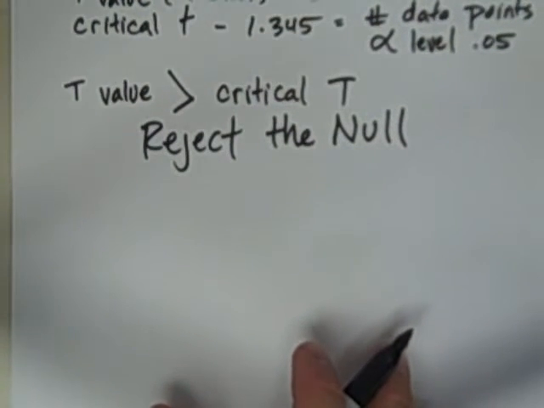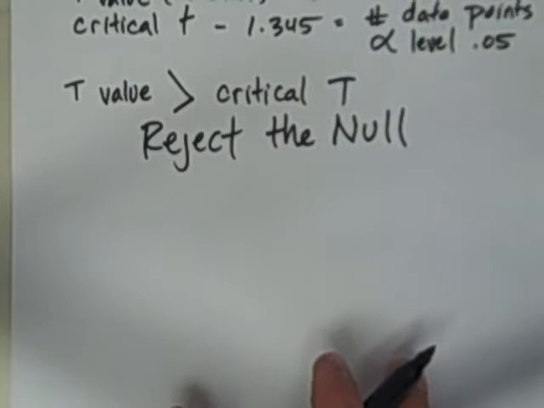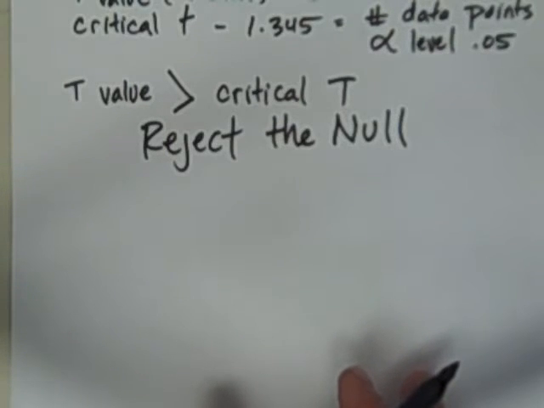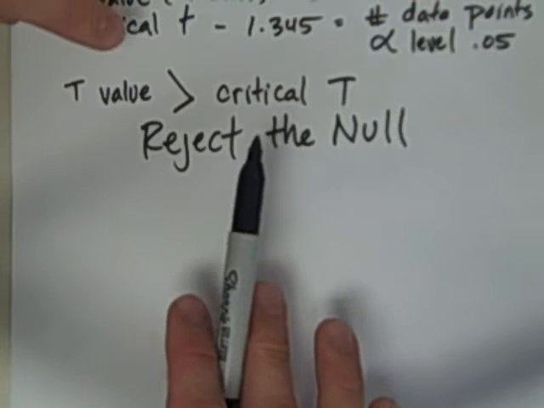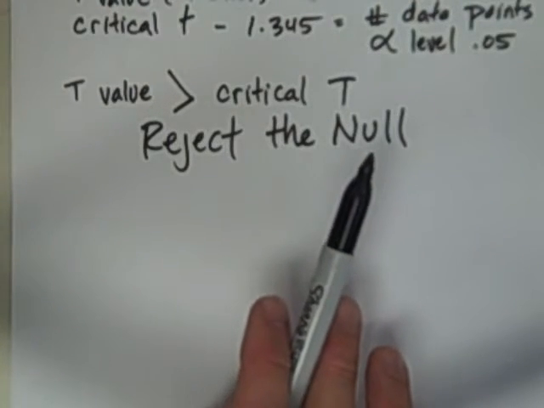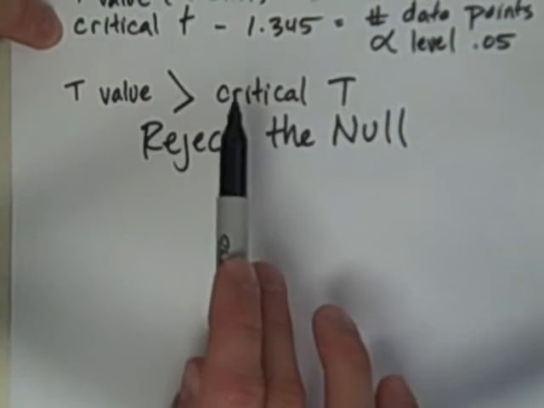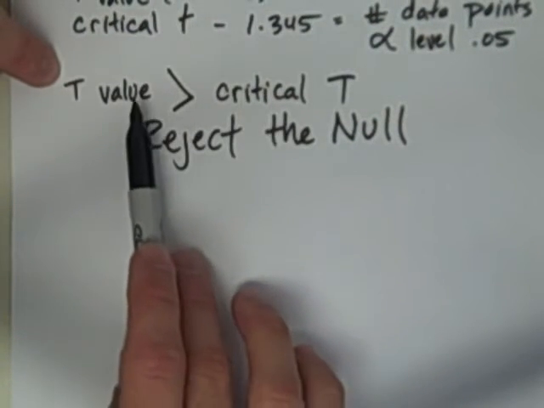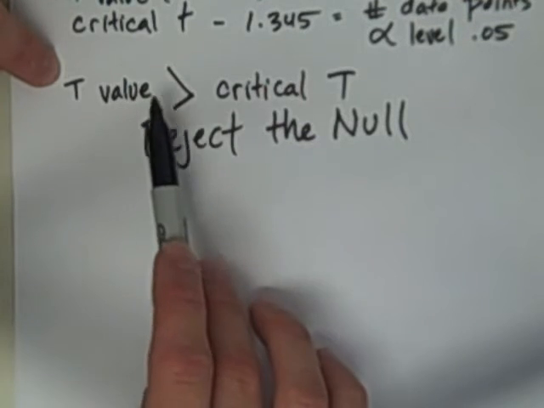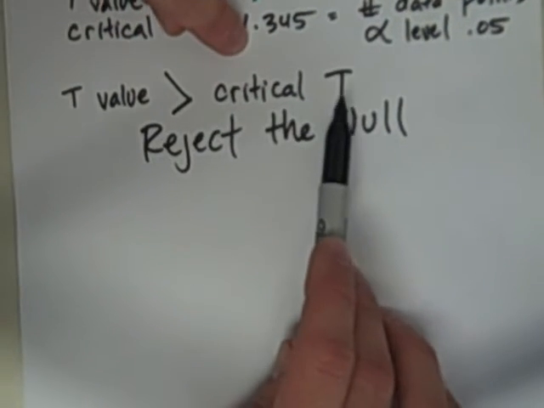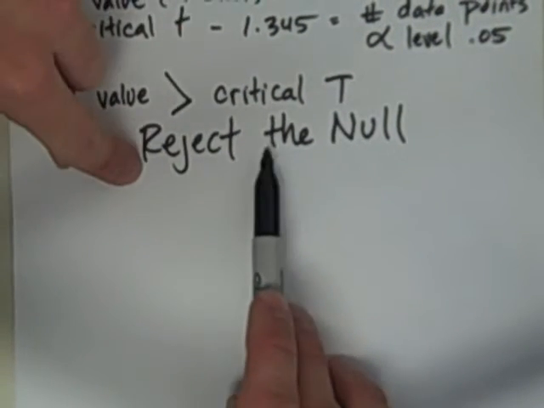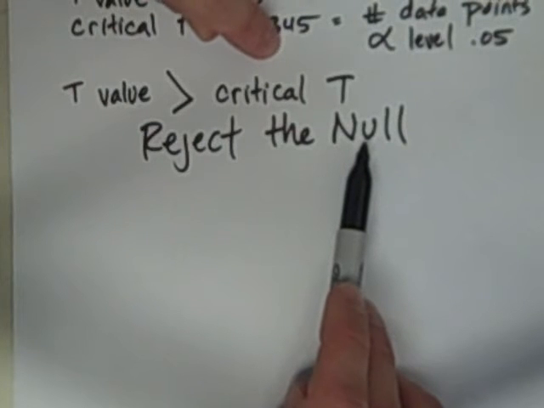If you can get that pounded into your brain as best as it'll possibly go, do it. Because I will tell you, most of the questions and the test points and everything else that are missed is because students can't remember this point. If my t-value is greater than my critical t-value, I reject the null hypothesis.